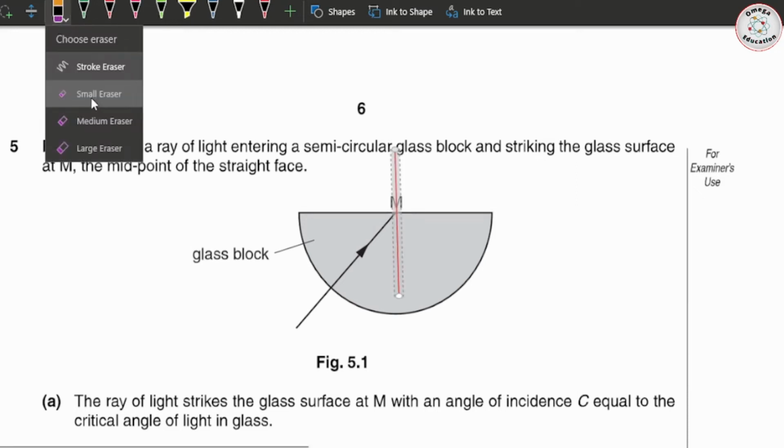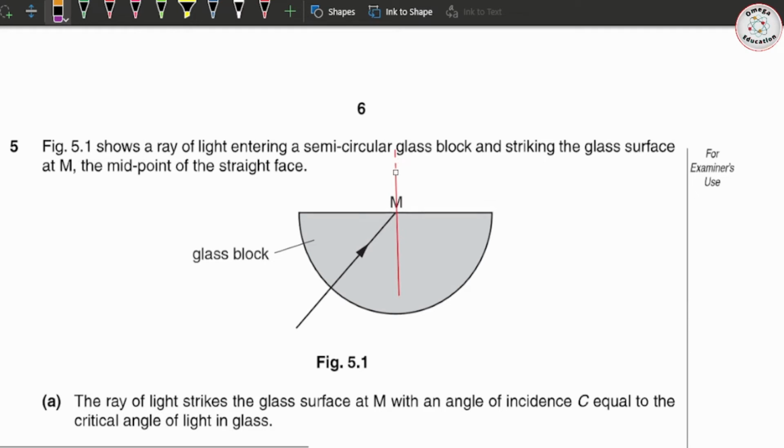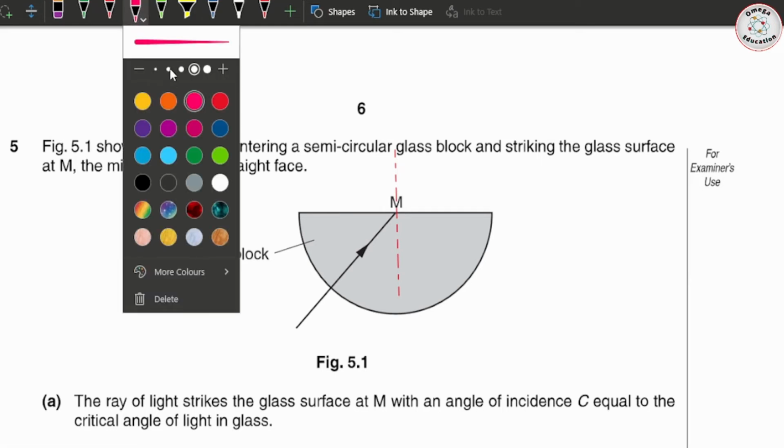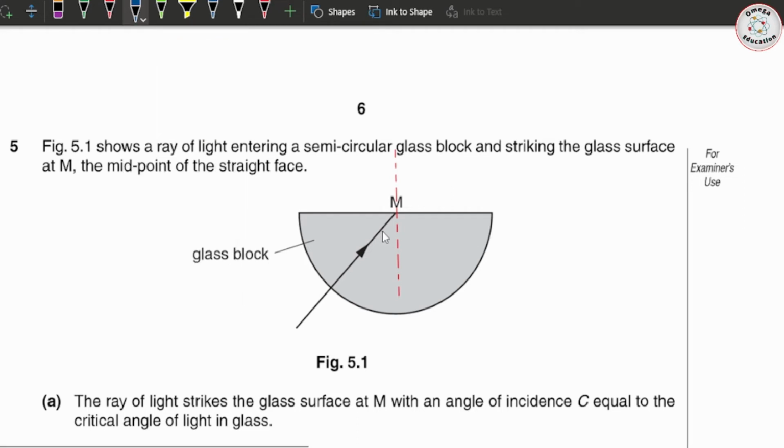First of all, before we mark any angle on it, we have to draw a normal. So normal is a line that is perpendicular to the surface and goes from the point of incidence. And it is drawn by a dotted line like this.